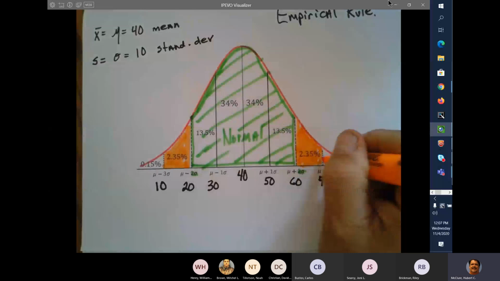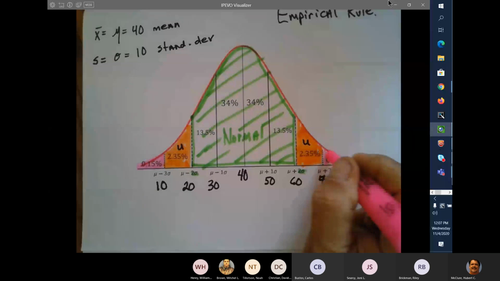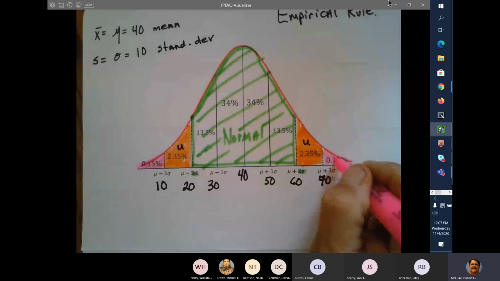And then the red, notice I'm using red. That means it's important. What's out here? Anybody know from their probability and statistics course in high school? Outliers.